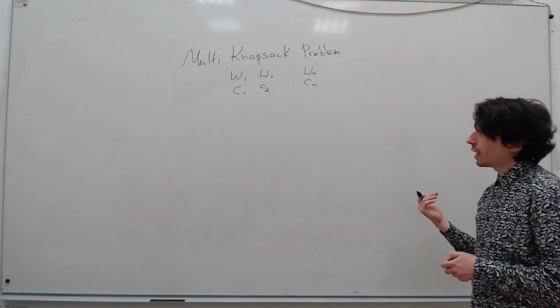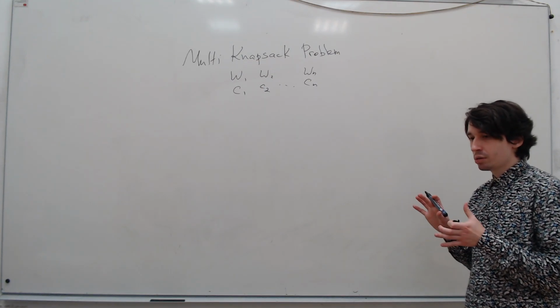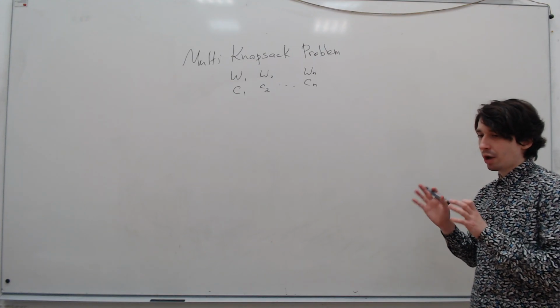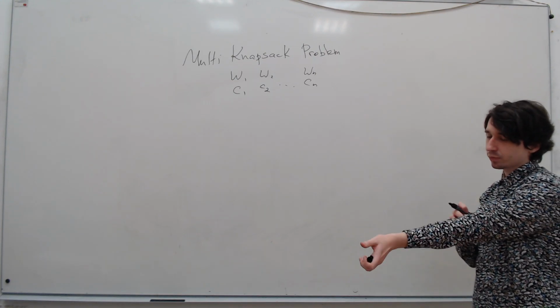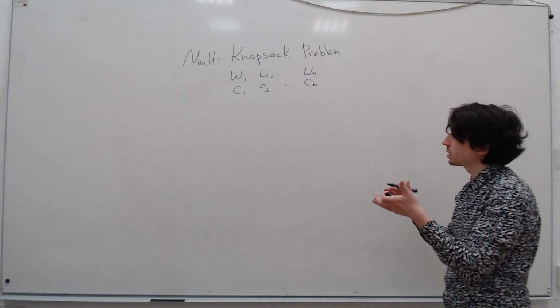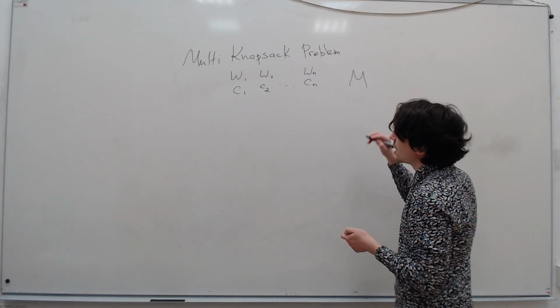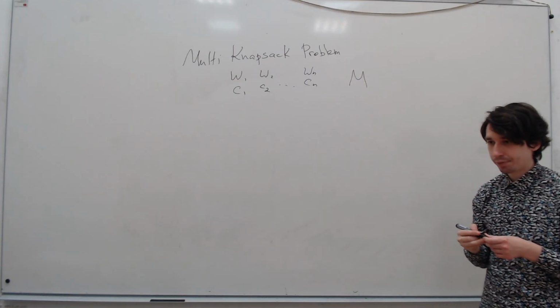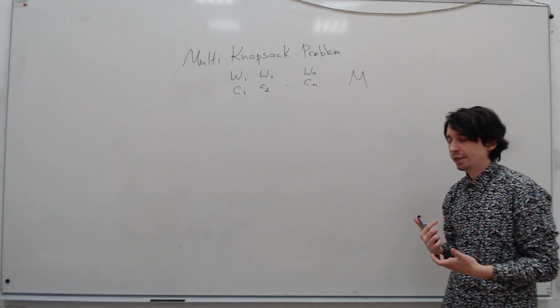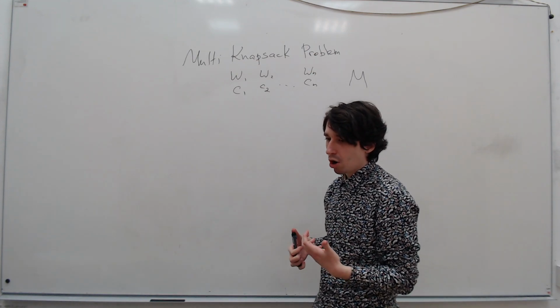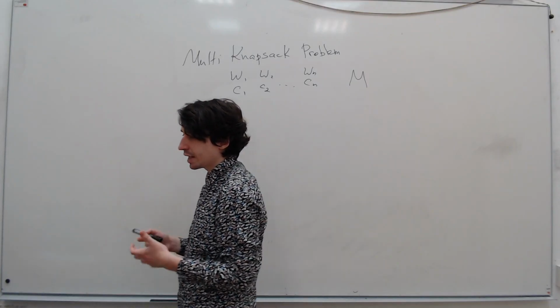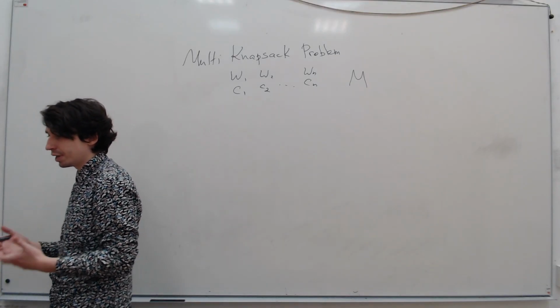So you have several knapsacks. Each knapsack has a capacity of m, and you have n elements. You want to find the smallest number of knapsacks that we need to fit all the elements inside.